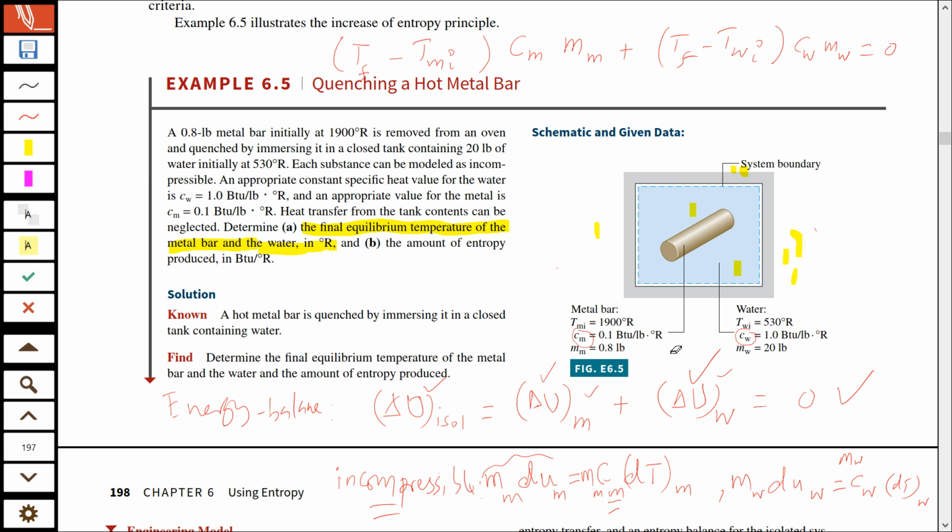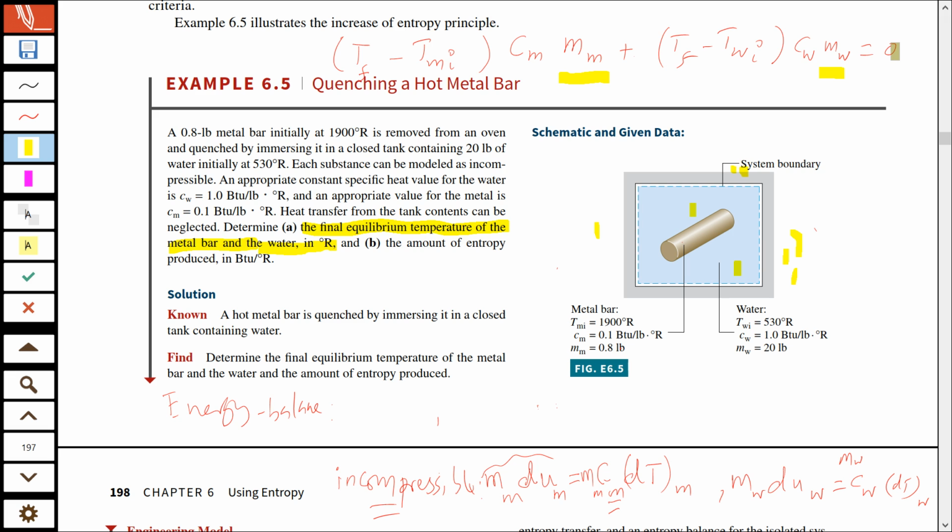So if you see such an equation, and if you look at these units, you can simplify and you can have a very clean process of solving this problem. Now, think about this. I have mass in the first term, and I have mass in the second term, and I have 0 to the right. So what can I do?